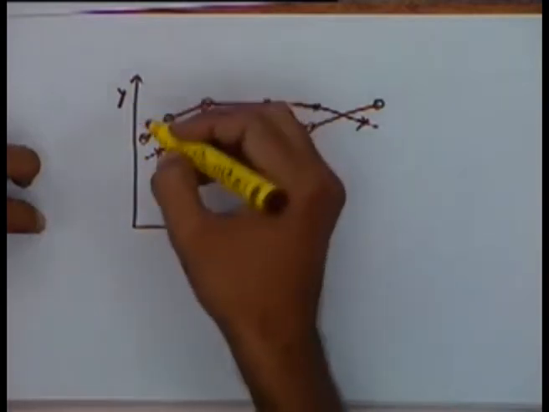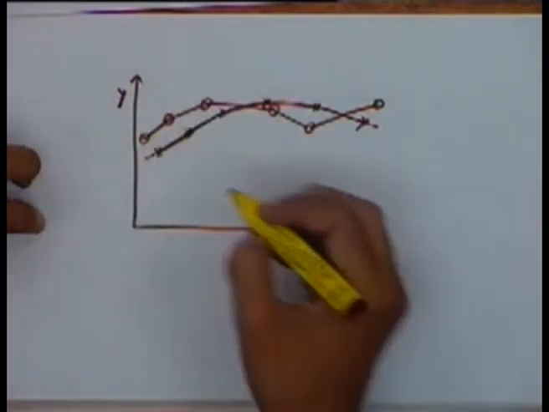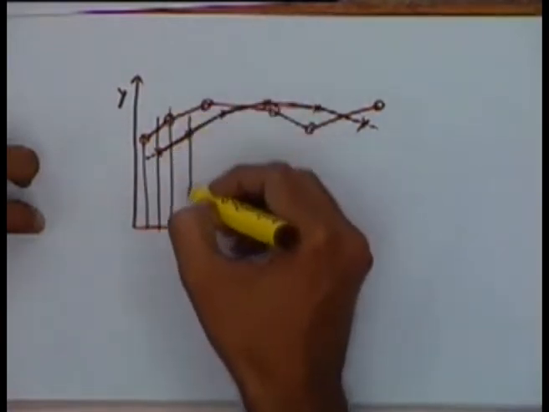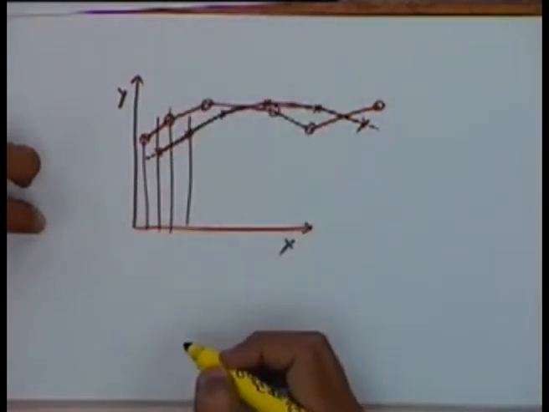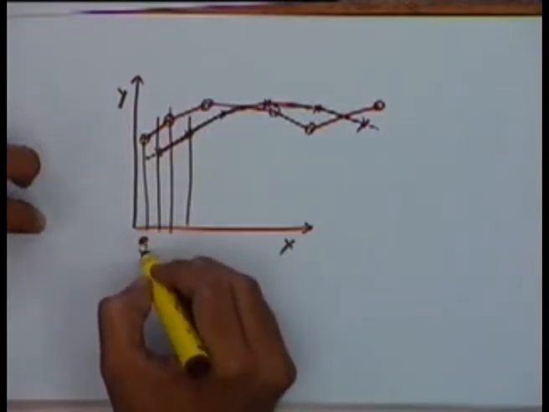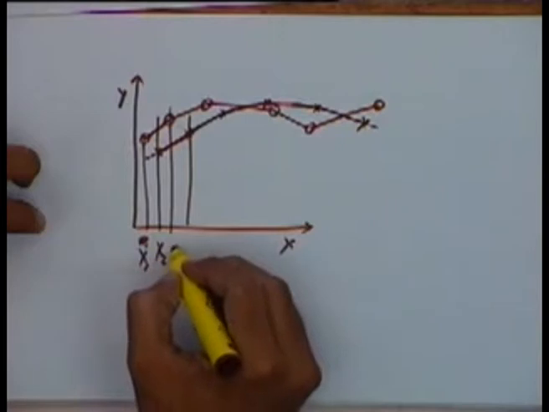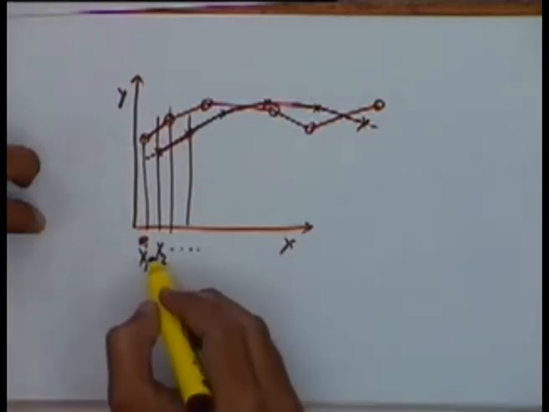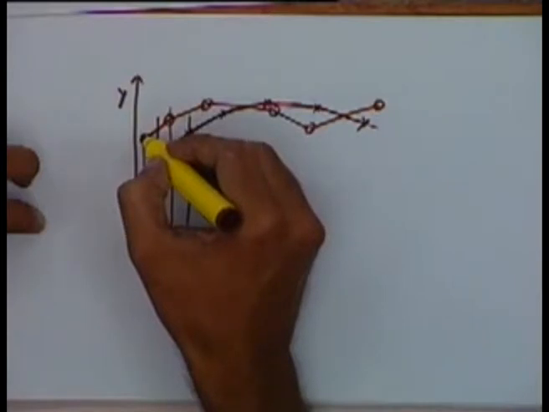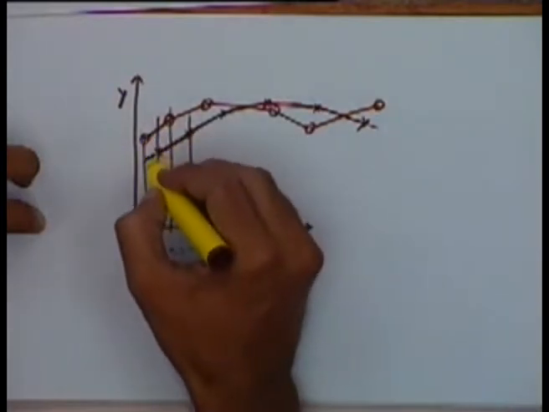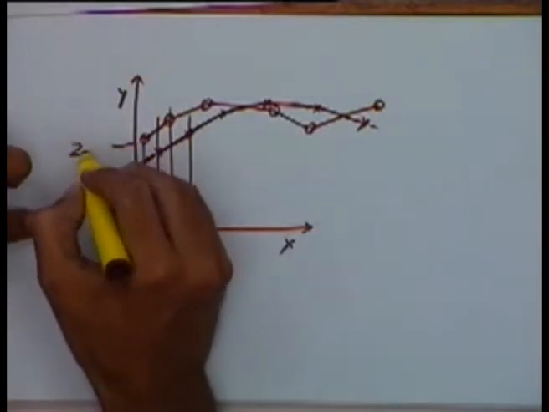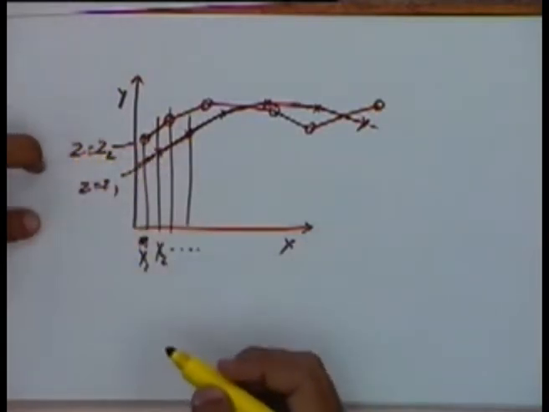Okay. So typically what can happen is that at some discrete points my surface has been digitized. Okay, that means that let's say some values x1, x2, so on, at each of these values xi's, a surface is known. That means for the first surface, that is, this is the z equal to z1, this is z equal to z2.